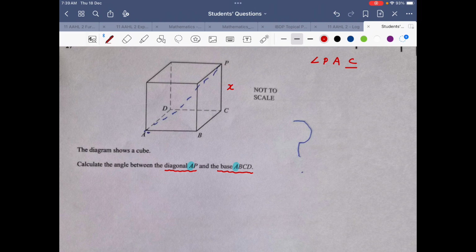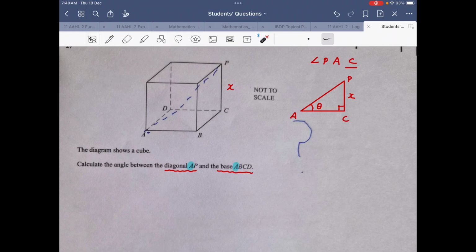And since a cube has the same length throughout, if we are finding angle PAC, this is the one that we're looking into, theta. This is angle PAC. Do we know the length of PC? We do not, but we label it as the unknown x.